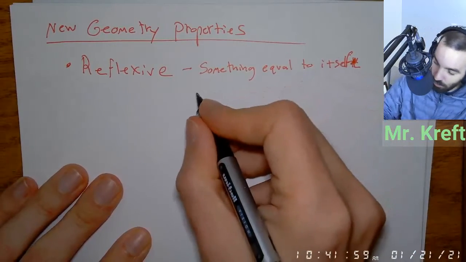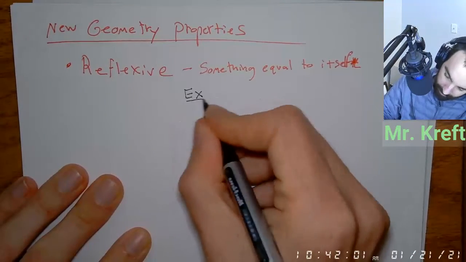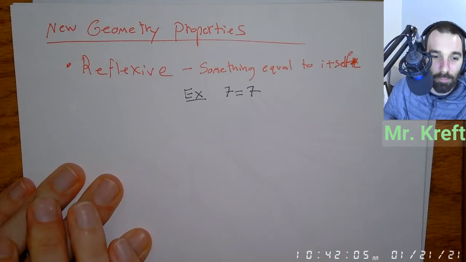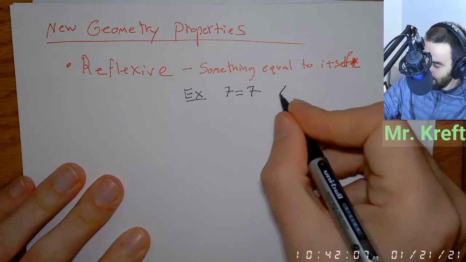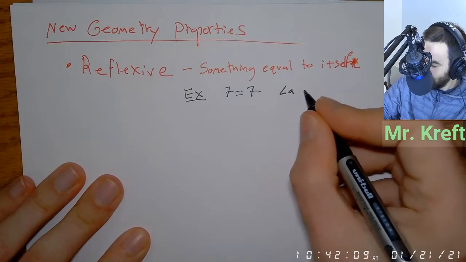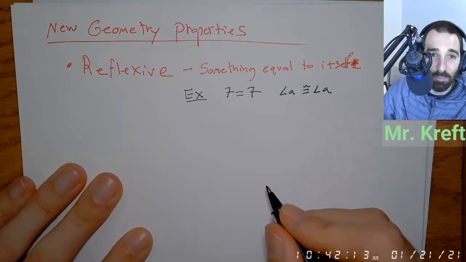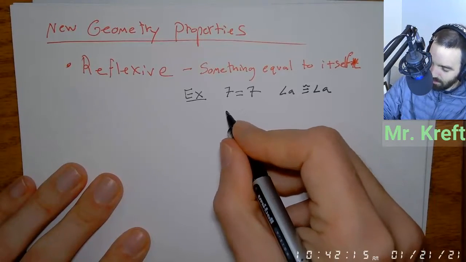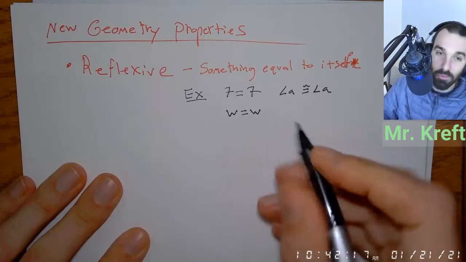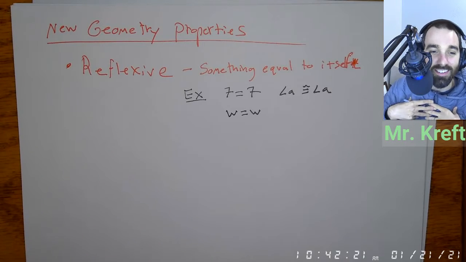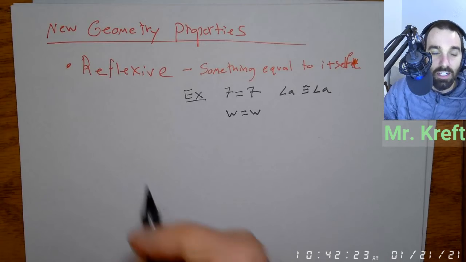Something equal to itself. So for example, 7 equals 7 is the reflexive property. Angle A is congruent to angle A is the reflexive property. W equals W is the reflexive property. So when something equals itself, we call that reflexive.